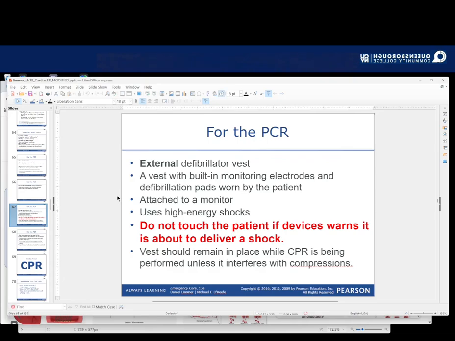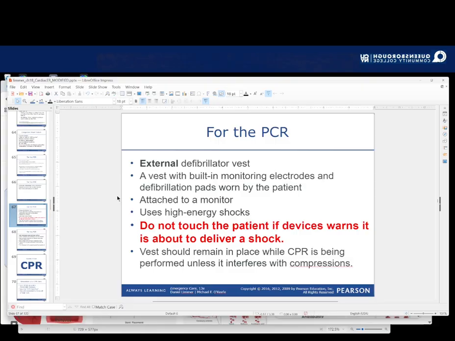Sometimes while the patient is waiting for heart surgery, they walk around with an AED vest. So it's an AED, automated external defibrillator, but the pads are on the skin, and the rest of the equipment is carried around in a vest, including the battery and all that stuff.